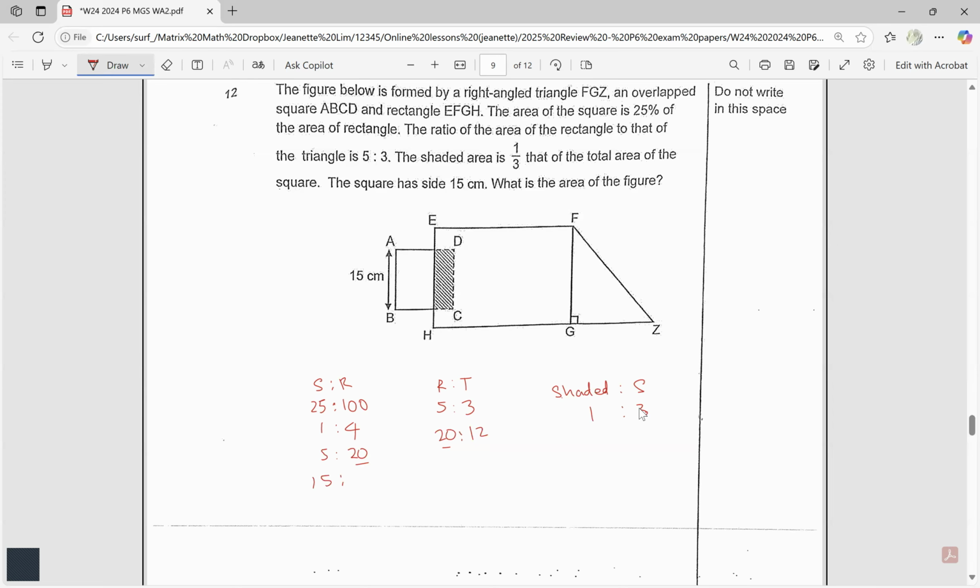So times 3. This has to be 15. So this is times 5. Then because the 20 changed to 60, this one you have to change to 60. 20 times 3, 20 times 3 here. So this is 36.